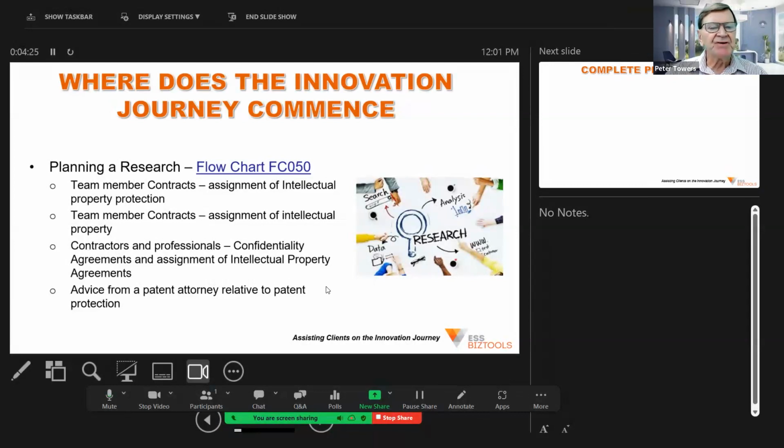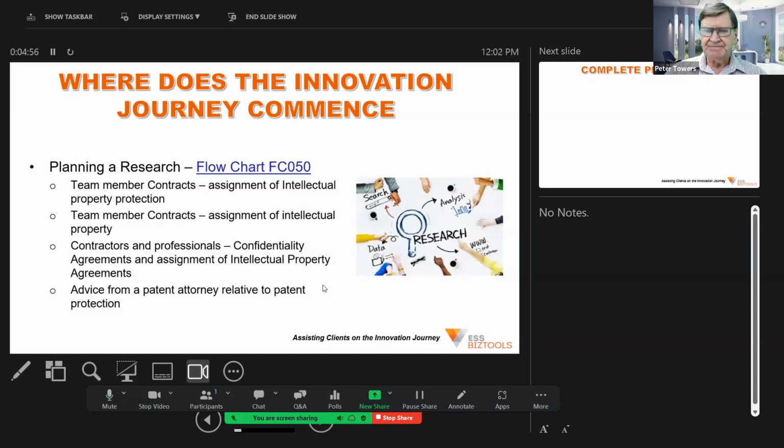It's important to check the team member contracts. Does the contract include an assignment of intellectual property as protection for the company? Some team member contracts over the years have not expressed that it related to research and development type activities, especially if the team member was not normally involved in research and development.